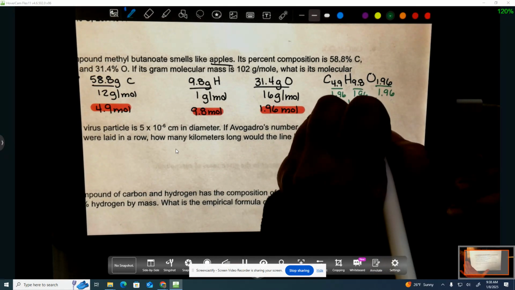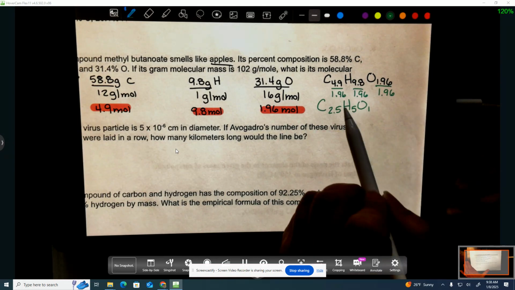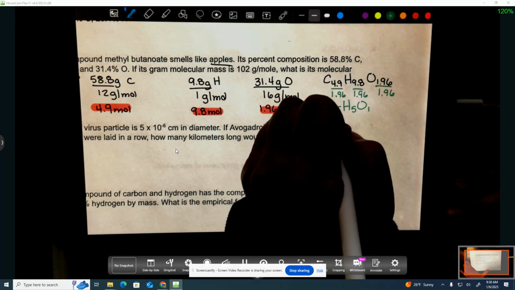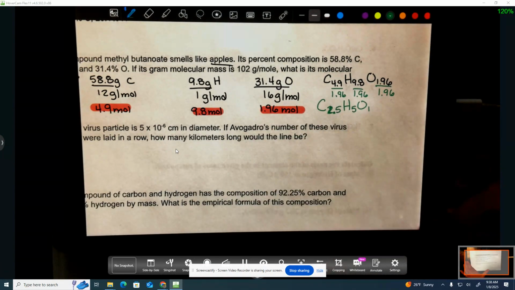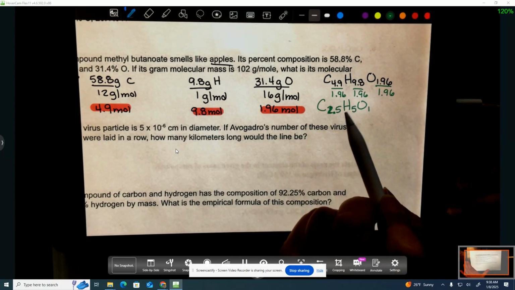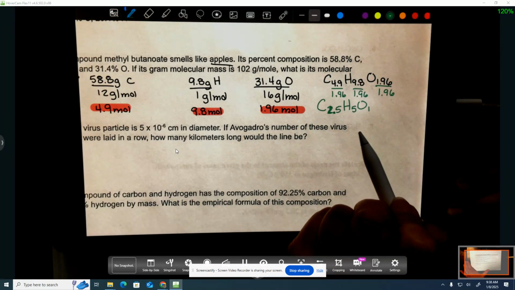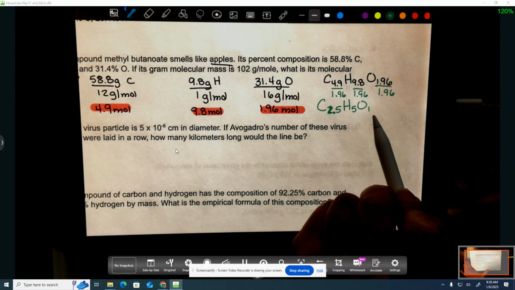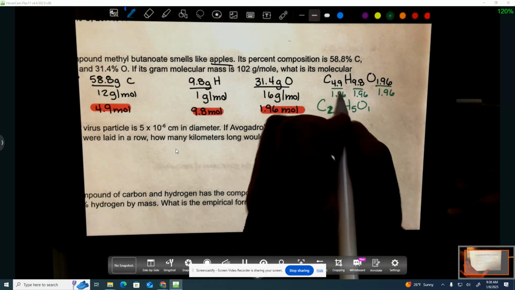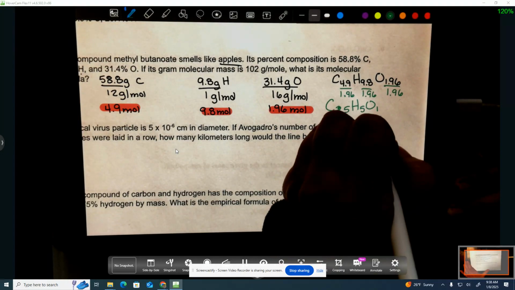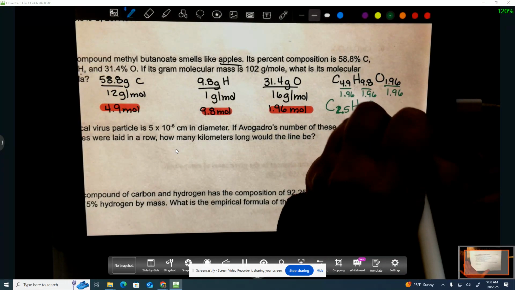And oxygen is going to be 1. Now, is this an empirical formula? No, because you still don't have a whole number. So to get rid of that half, we can't divide by the smallest number again, because the smallest number is 1. We have to double everything. So we're going to end up with C5H10O2.